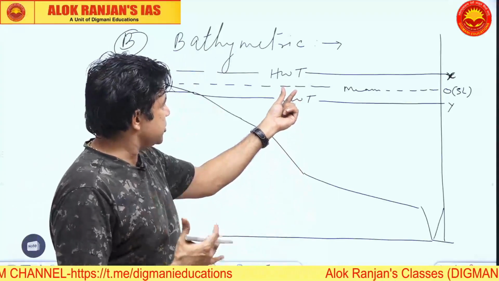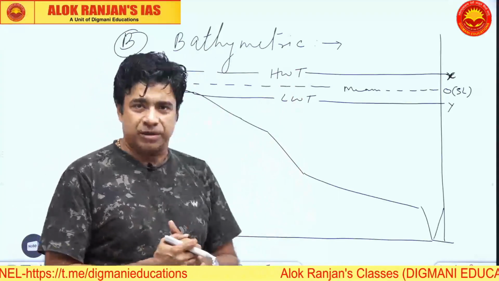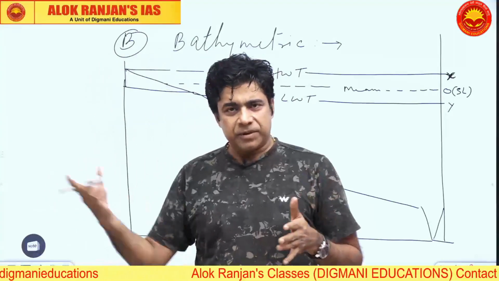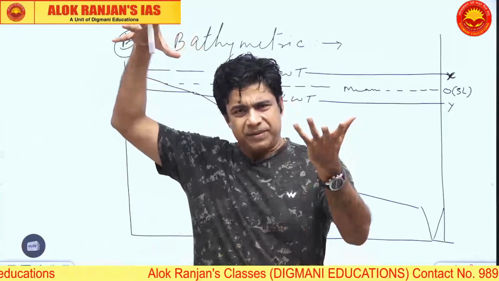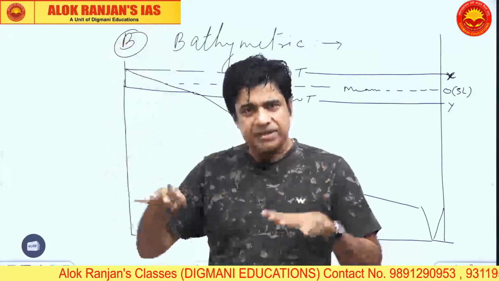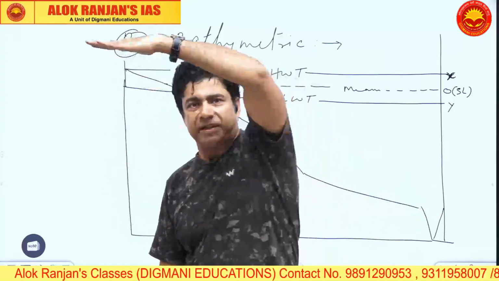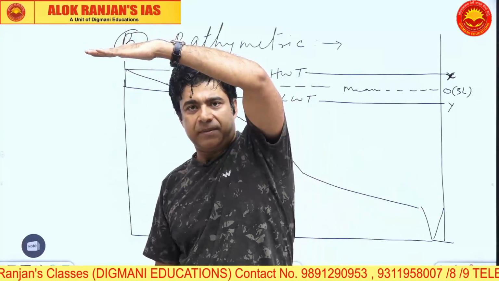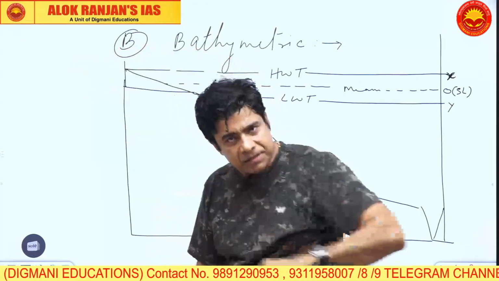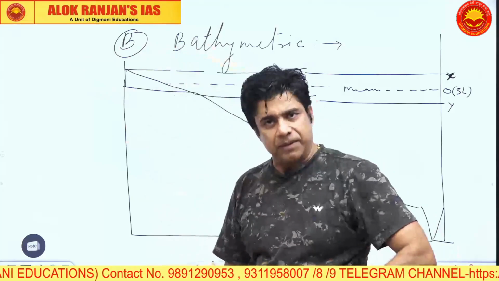taking account of the high water tide and the low water tide. What is high water tide? Any part of the ocean, when the moon comes over, tide is a big chapter for us, but for the basics: when high tide comes, the sea level has risen to the maximum, and when low water tide comes, sea level falls to the minimum.